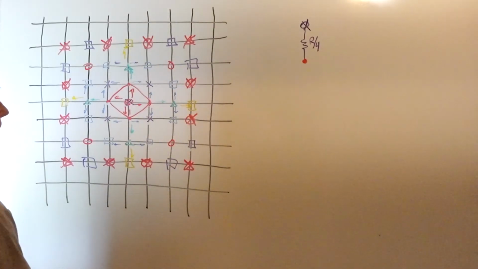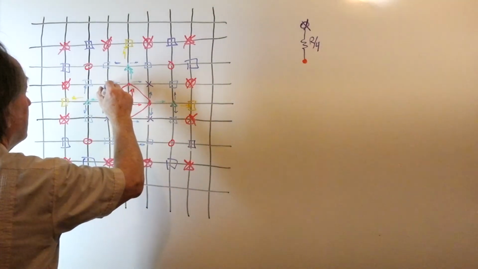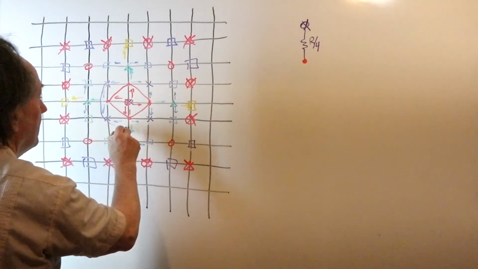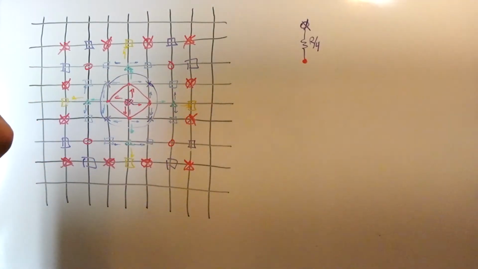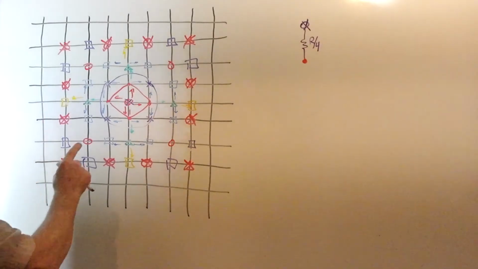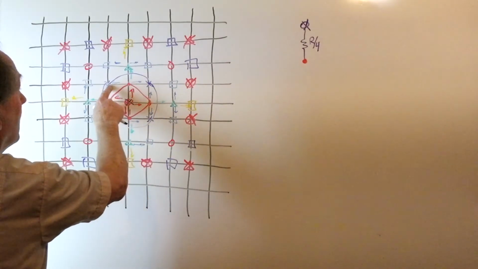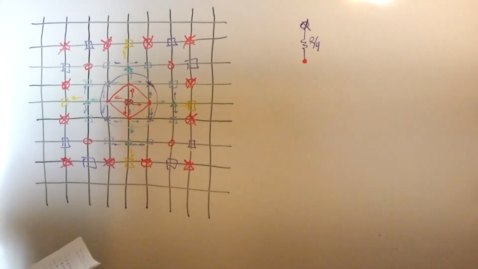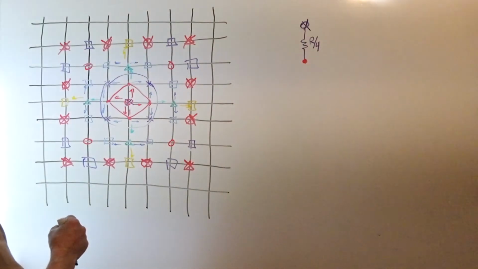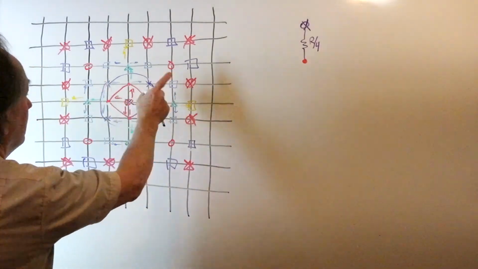Now, moving on out, we see that the purple X's are at the same potential, so we can connect those with a short. Well, how many resistors do we have in parallel between the red node and the purple node? Well, not 4, but we have 8 of them.